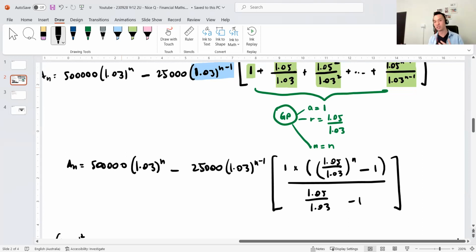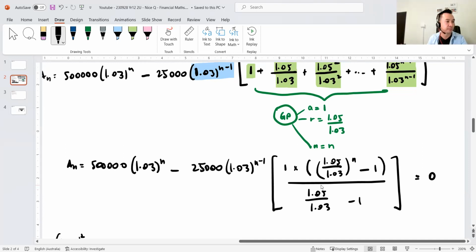Now, I know there's one that I need to simplify, but I know I want this question. The question basically asks me, what's the value of n before An runs to 0? So I'm going to set this to 0, and we're going to solve. Looks a bit messy, but check this out.